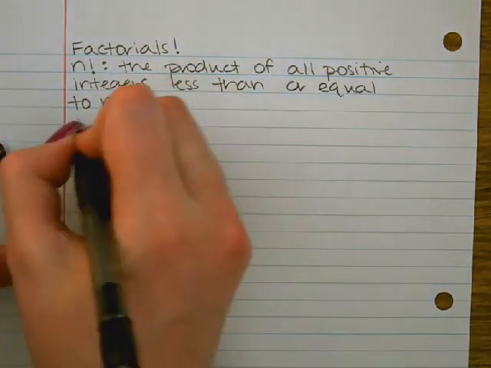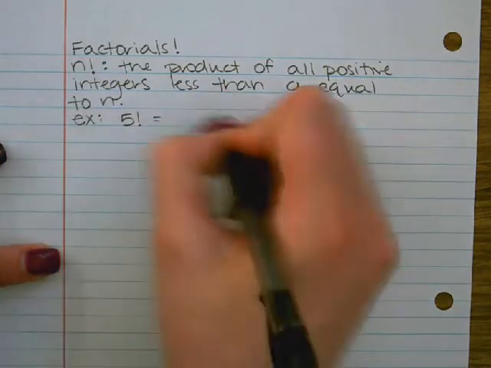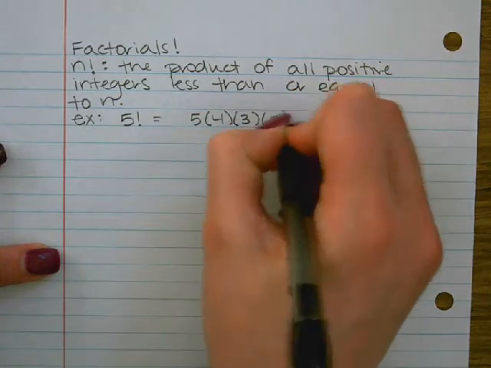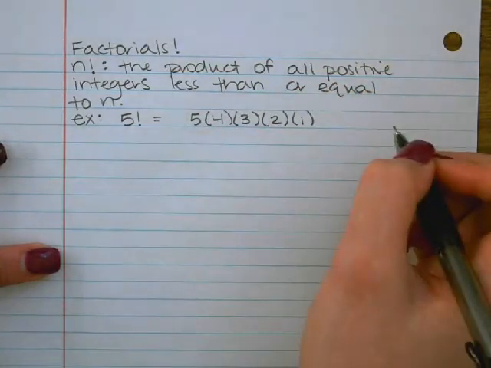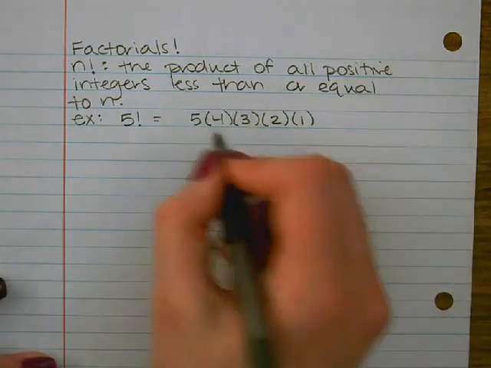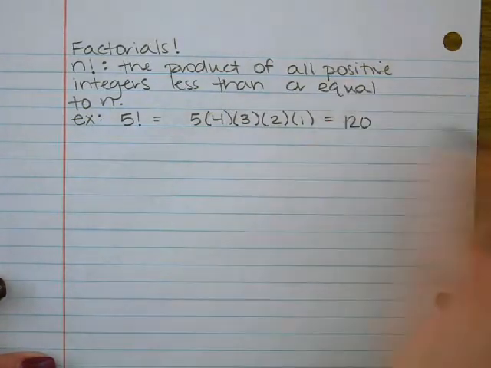So, for example, if we wanted to know what 5 factorial was, that would be 5 times 4 times 3 times 2 times 1. And I did not multiply that out. 20 times 3 is 60 times 2 is 120. So 5 factorial is 120.